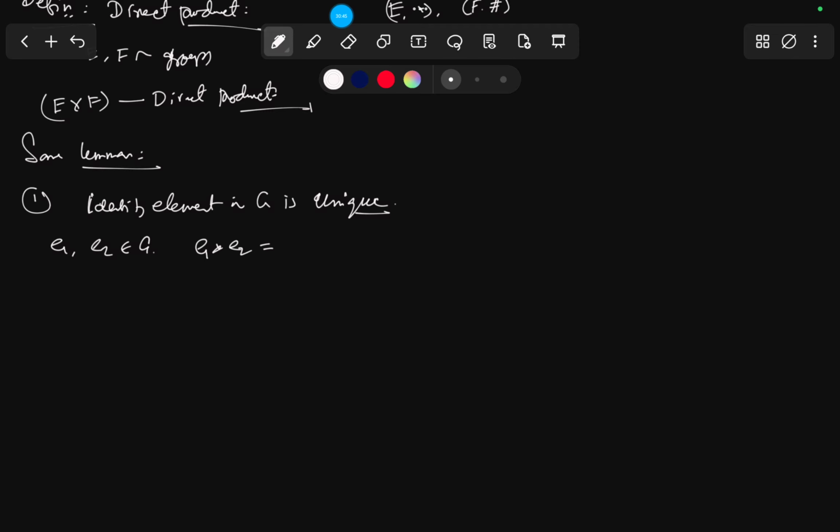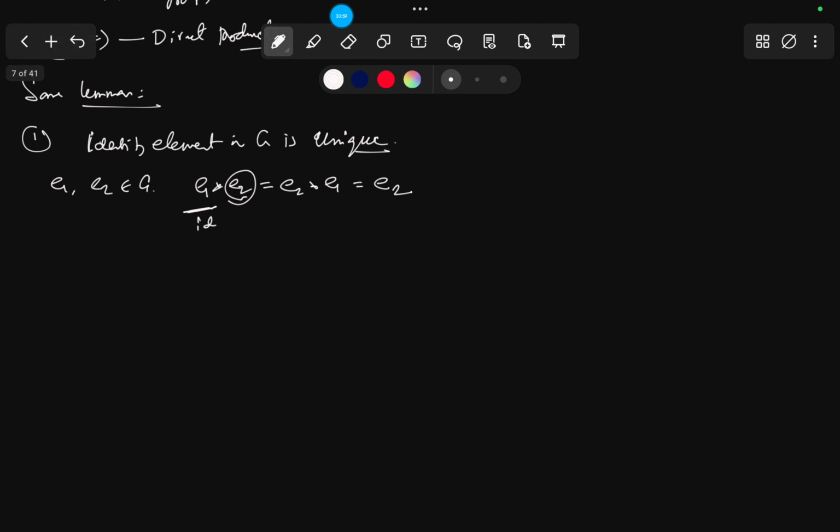First you consider E1 as the identity and E2 as a general element, so that has to be E2. Again, you consider E1 star E2 itself, now consider E2 as the identity and E1 as the general element. Then it will be E1. So E1 and E2 have to be the same. So the identity element is unique.